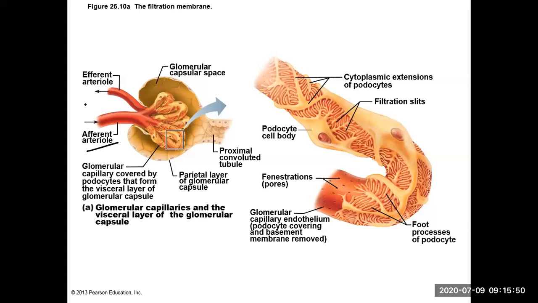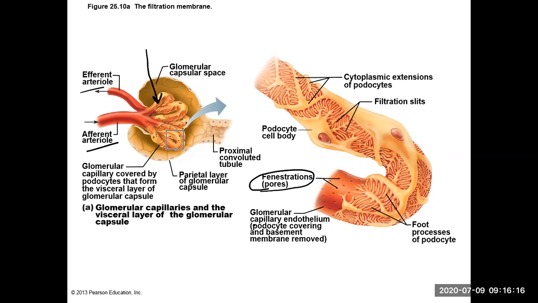Here's the afferent arteriole, here's the efferent arteriole, here's the glomerulus. When we enlarge the glomerulus, we can see these are not any ordinary capillaries. The glomerulus is made of special capillaries that have fenestrations, or tiny little pores.